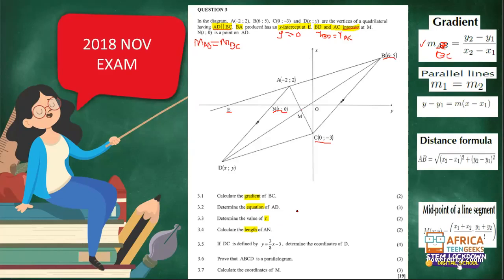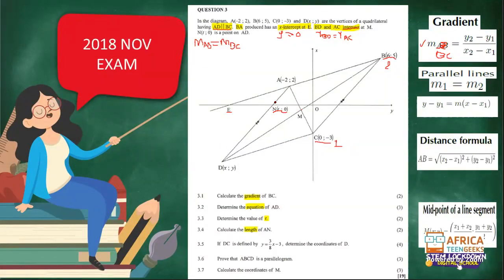So remember, whether this is your point 1 or this is your point 2, or you have B as your point 1 or C, it doesn't matter, but you always need to indicate. So please indicate which one is your point 1 and which one is your point 2.